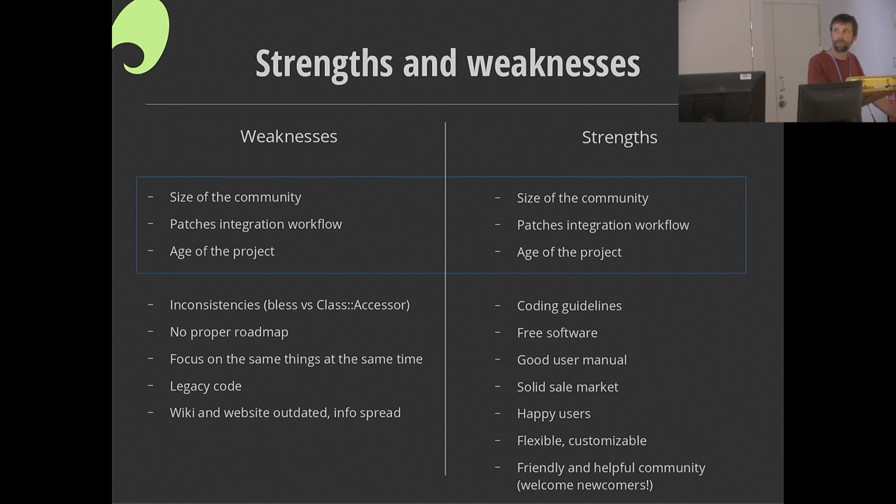We still have a lot of inconsistencies. We still lack a proper roadmap for the project. We have difficulties focusing on the same thing at the same time. We still have a lot of legacy code that is critical, but hard to maintain and rewrite. We are not good at keeping up-to-date and clean technical documentation.